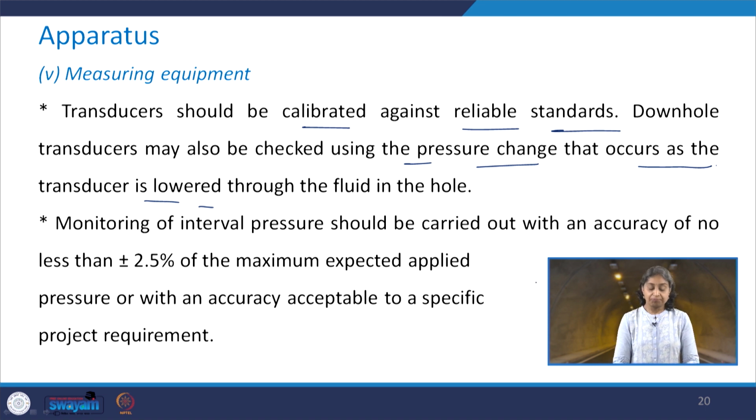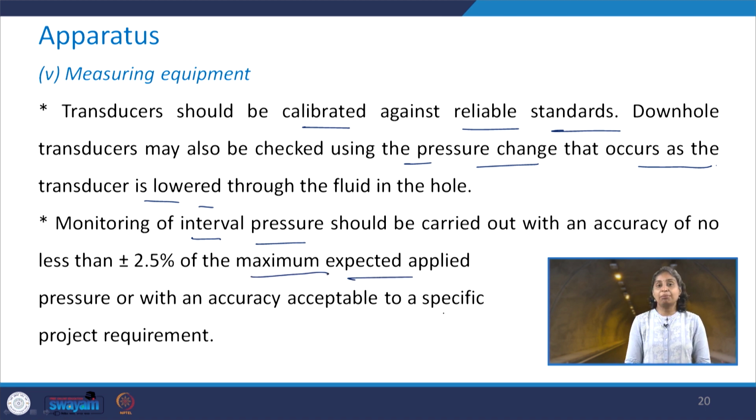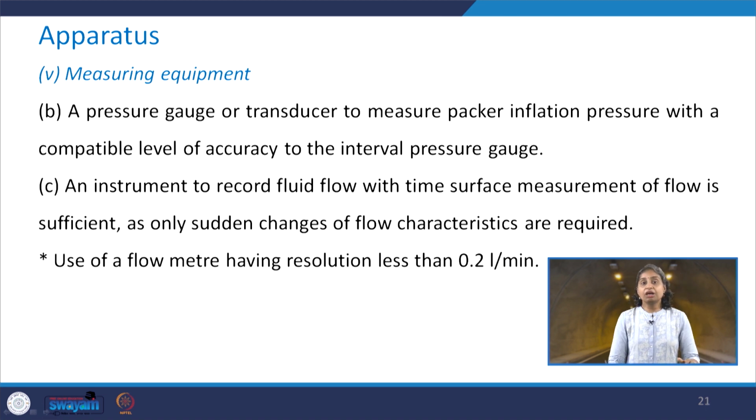The downhole transducers may also be checked using the pressure change which occurs as the transducer is lowered through the fluid in the hole. The monitoring of the interval pressure should be carried out with an accuracy of no less than plus minus 2.5% of the maximum expected applied pressure, or with an accuracy which is acceptable to a specific project requirement. Then you need a pressure gauge or transducer to measure the packer inflation pressure with a compatible level of accuracy to the interval pressure gauge.